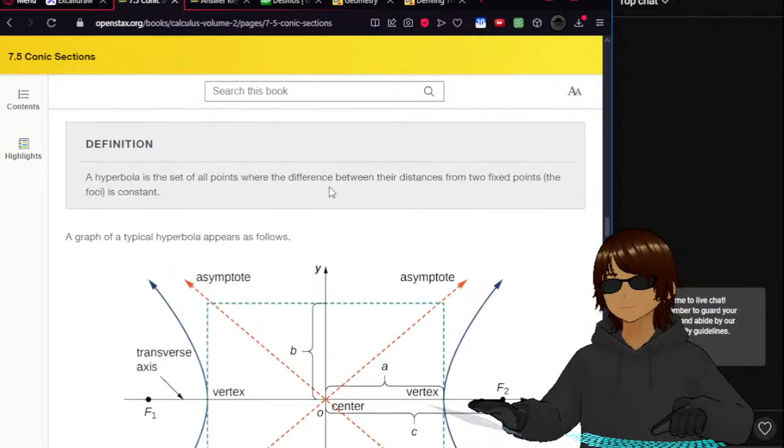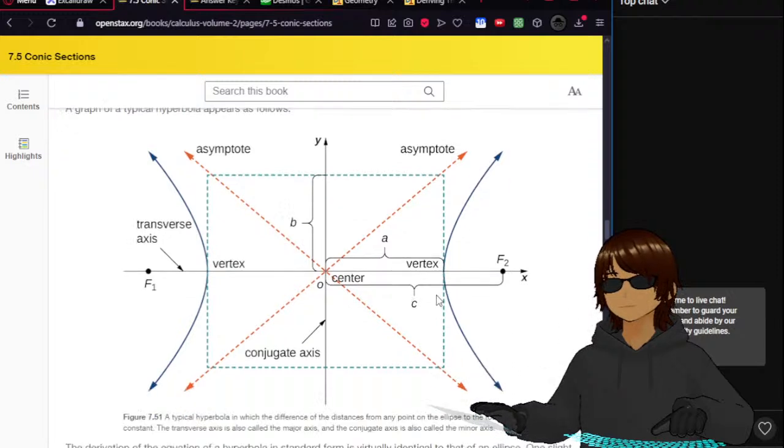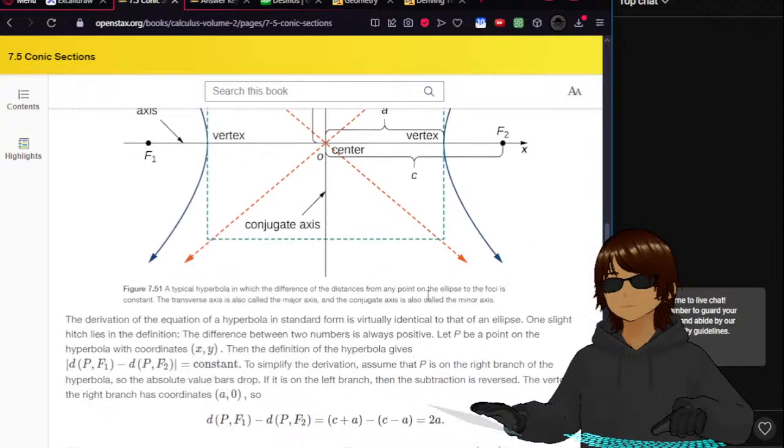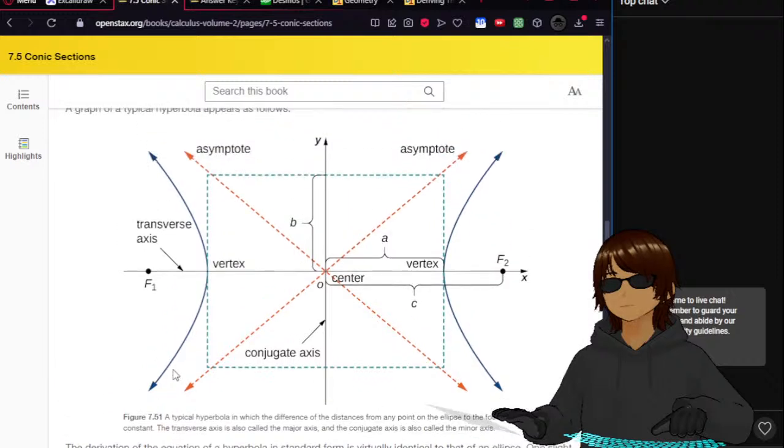A hyperbola is a set of all points where the difference between their distances from two fixed points, the foci, is constant. A typical hyperbola is one in which the difference of the distances from any point on the hyperbola to the foci is constant. Then I'm getting confused.